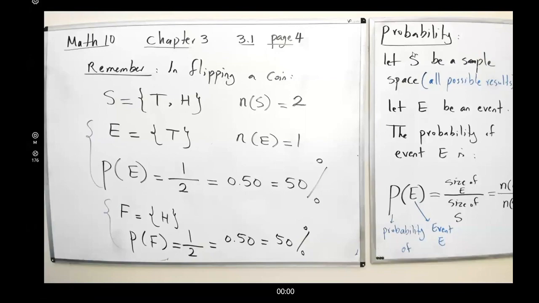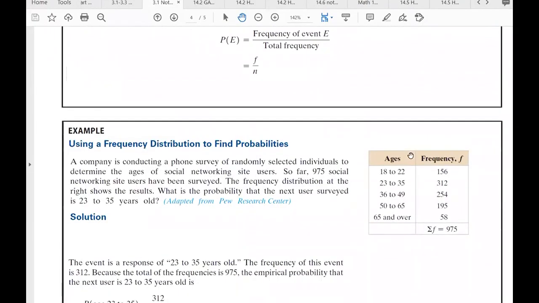On page 4, we have an example. A company is conducting a phone survey of randomly selected individuals to determine the ages of social networking site users. So far, 975 social networking site users have been surveyed. So in total, you have 975.